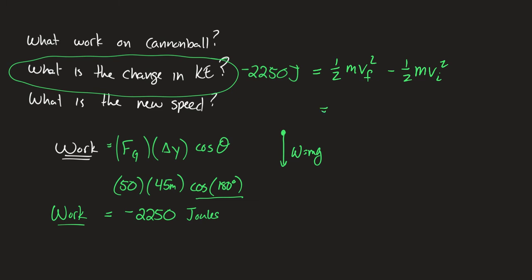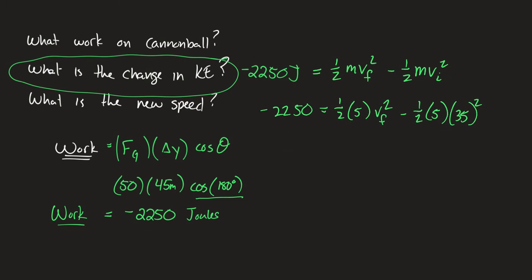And we have 1/2 times 5 times v final squared minus 1/2 times 5 times 35 squared, and that equals negative 2250. So now we just have to figure out what that final velocity is.